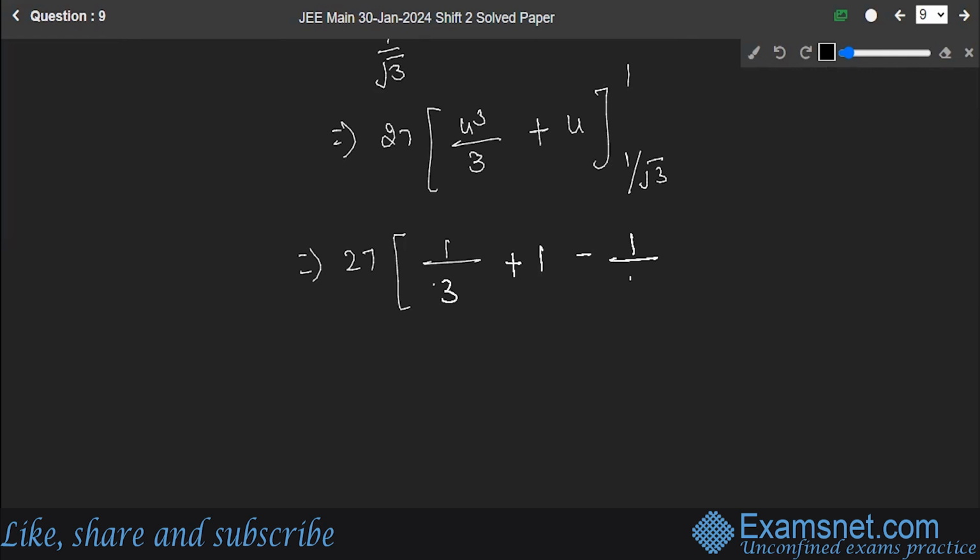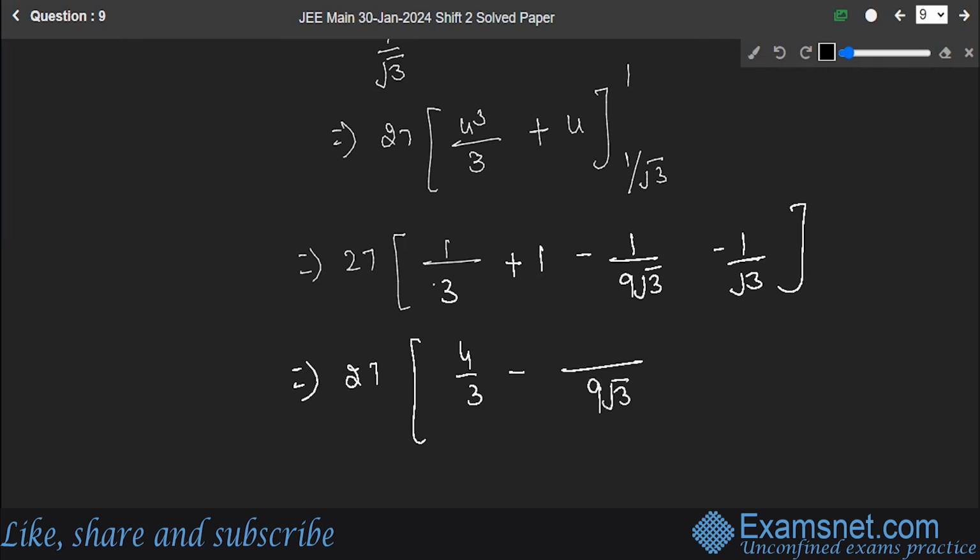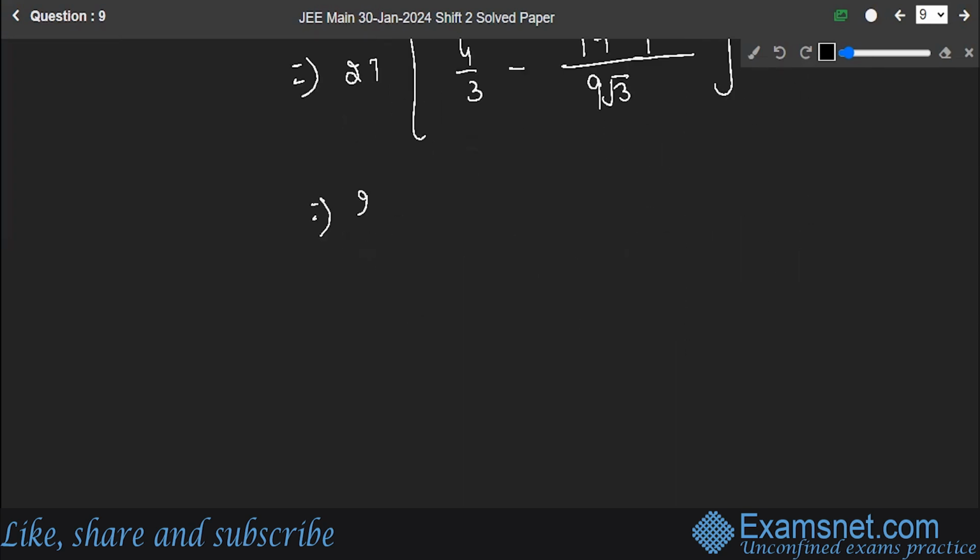Now it will be minus this, which will be a cube, so 9 root 3, minus this. So this is 27 times 4 by 3 minus 10 upon 9 root 3, taking the LCM 9 root 3.